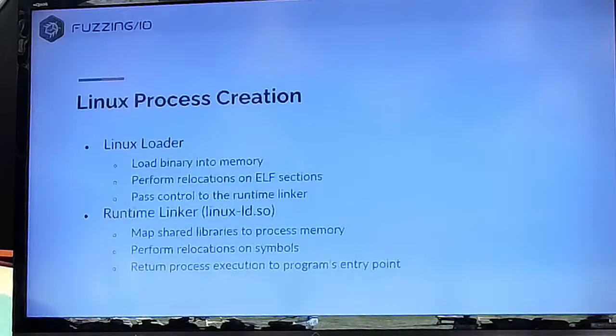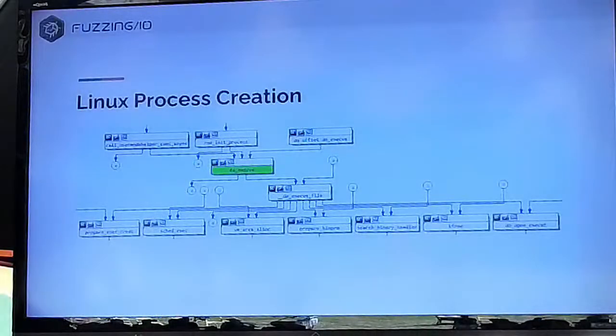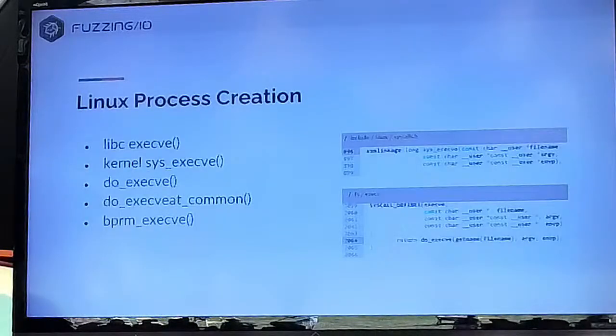Okay, moving on. So the system call that gets executed behind sys_execve is do_execve. This is the main function that's called to start loading your process. Then the function chain in order is libc, you call execve, then you call the system call sys_execve, which calls into do_execve, and so on and so forth.